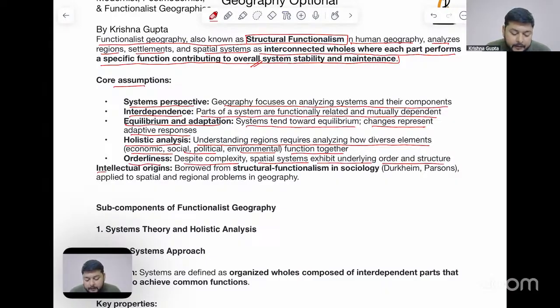If we look at the intellectual origin of functionalism, it is borrowed from structural functionalism in sociology, by Durkheim and Parsons, which is applied to spatial and regional problems in geography.